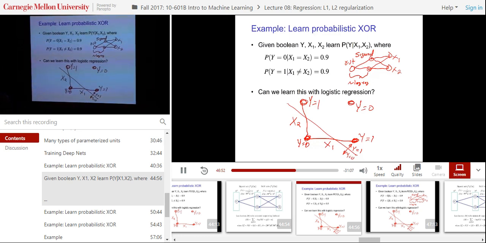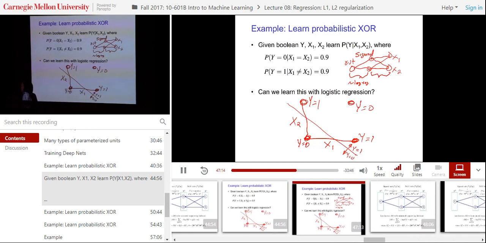And this part of the network, if it trains itself correctly, is going to have the responsibility of finding some transformation of the original x1, x2 variables into a different pair of variables such that logistic regression can, in terms of those variables, find a linear decision surface that does the right thing.